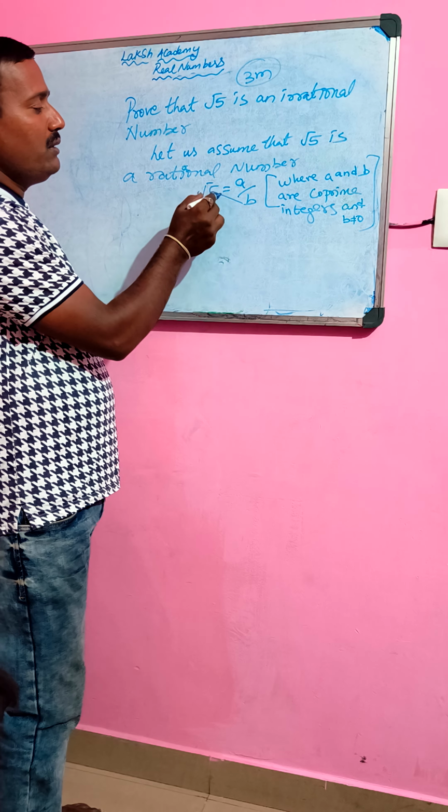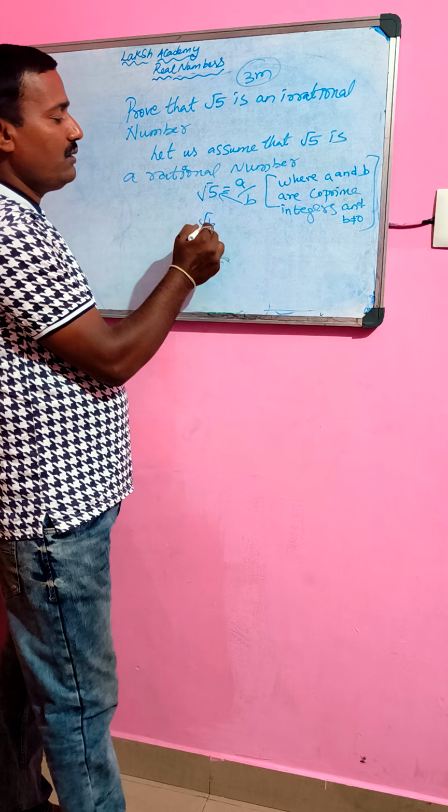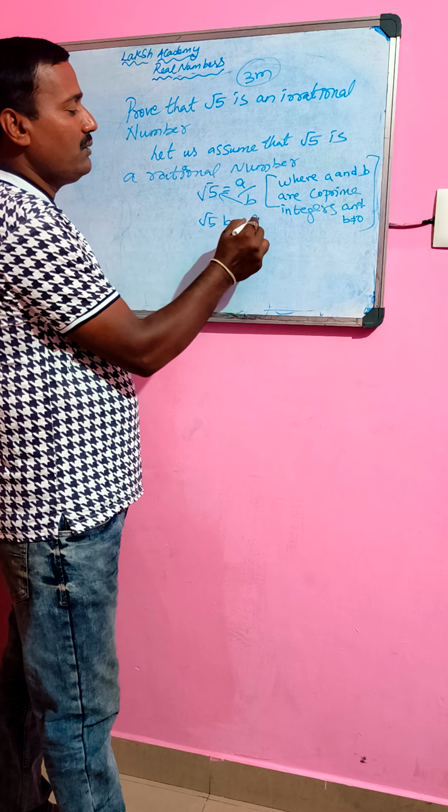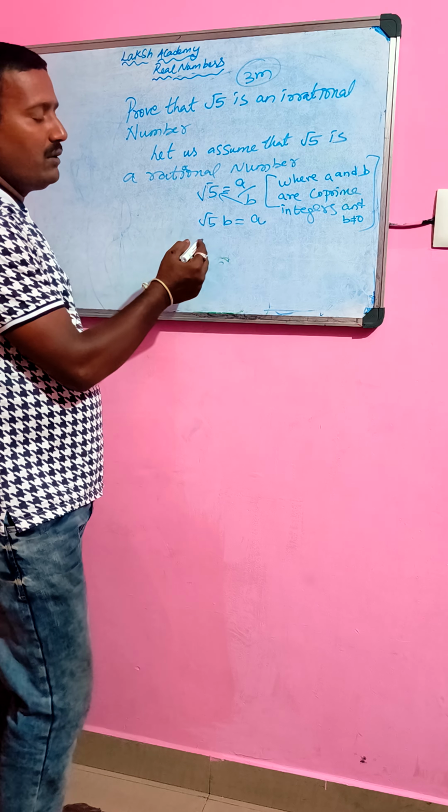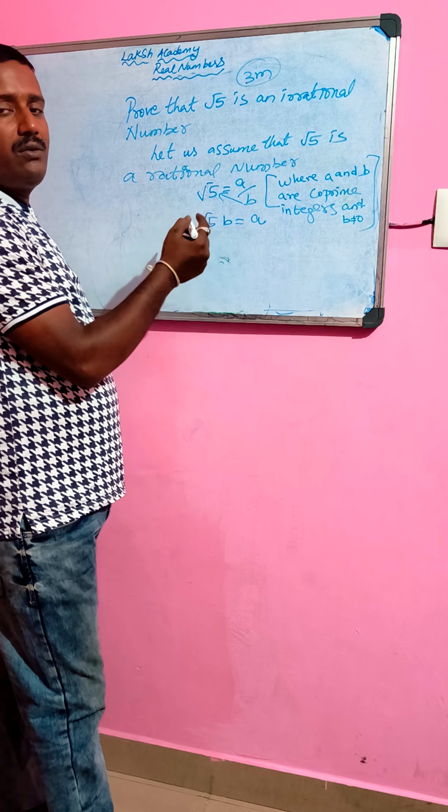Later this b you transpose to the LHS side, we can write root 5 b equal to a. Now squaring on both the sides, root 5 b whole square equal to a square.